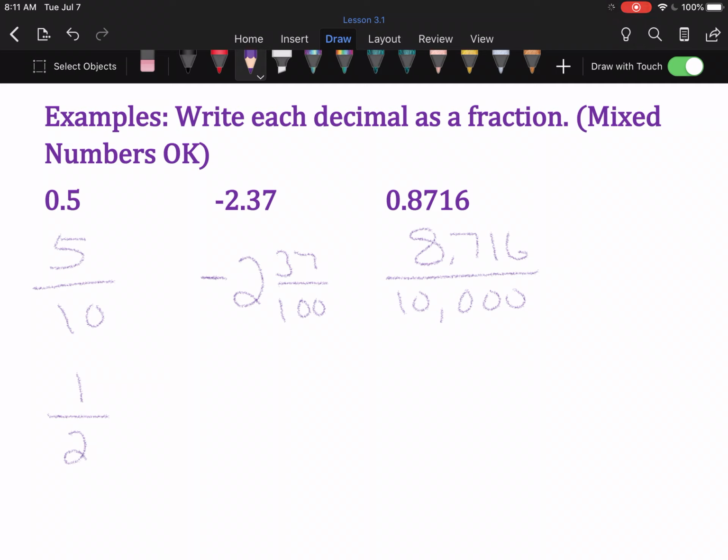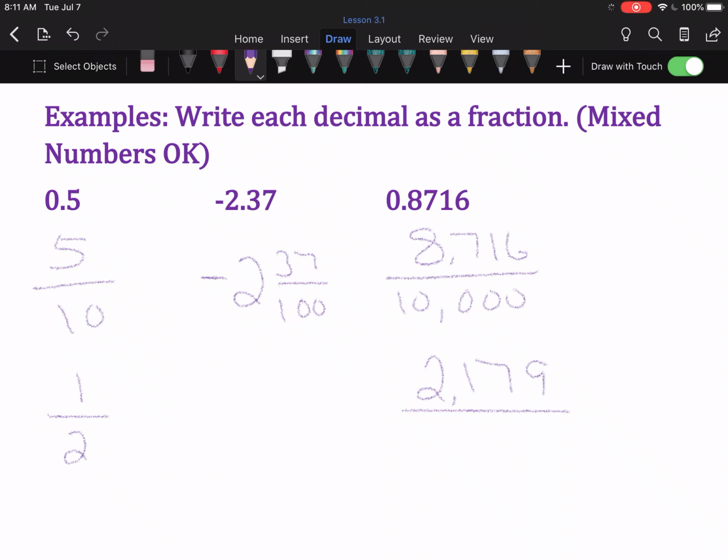Because if you remember your divisibility rules for 4, the last two digits of the number have to be either 0, 0, which we have in the bottom, or a 2-digit number that is divisible by 4. In the top, in the numerator, the last two digits are 16. 16 is absolutely divisible by 4. Now, in the interest of saving some time here, I'm going to do this with a calculator. So 8716 divided by 4 is 2,179.